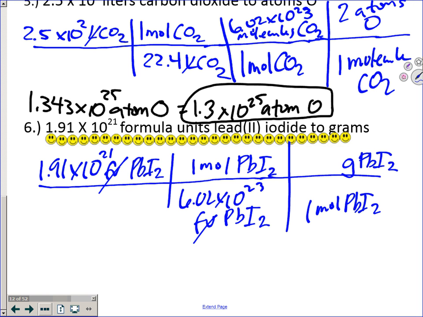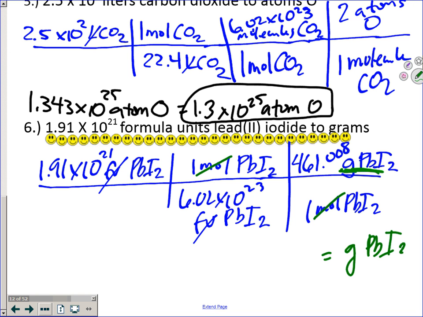So together, don't say yeah, hold on. 461 point something. Okay, close. Okay, so then your mole cancels with lead iodide, and the only unit left is gram. So the final answer will be grams of lead iodide, but how many grams?